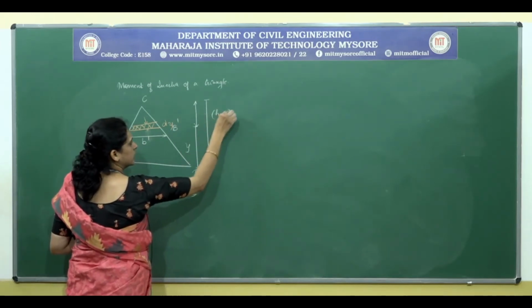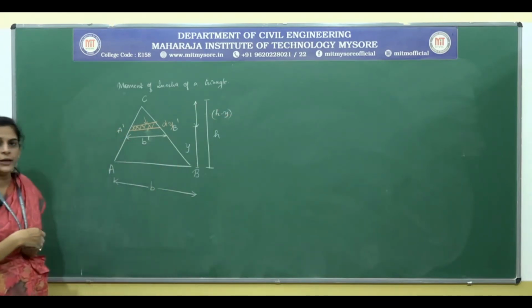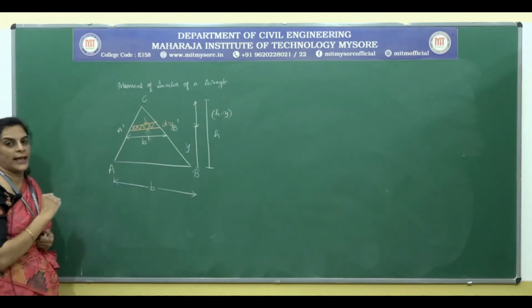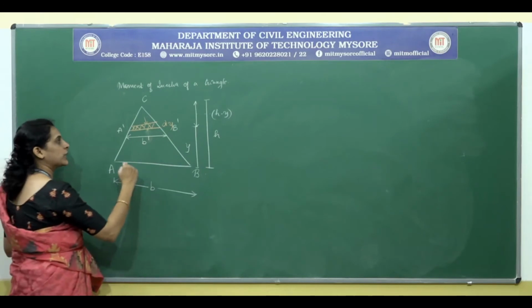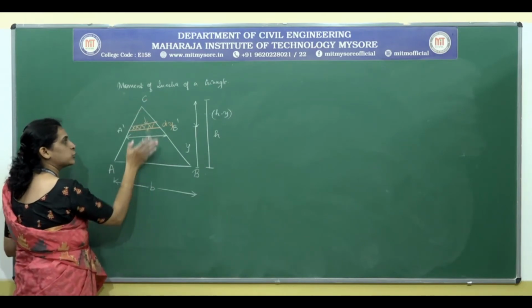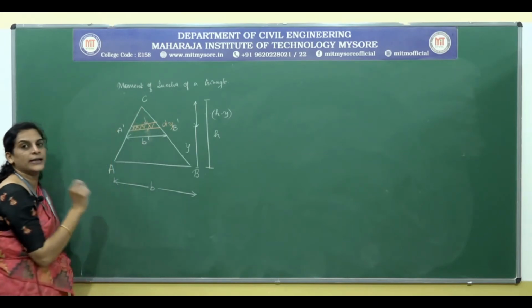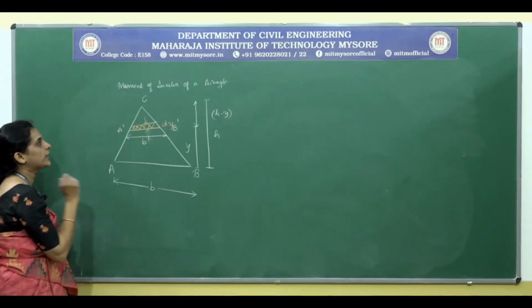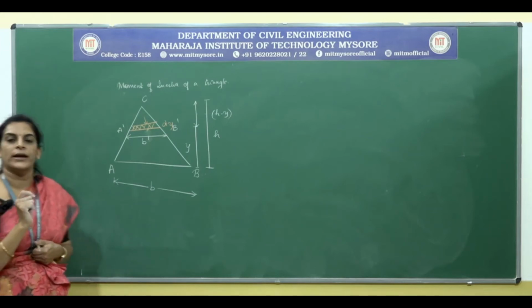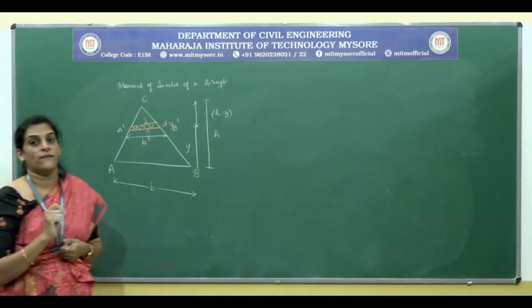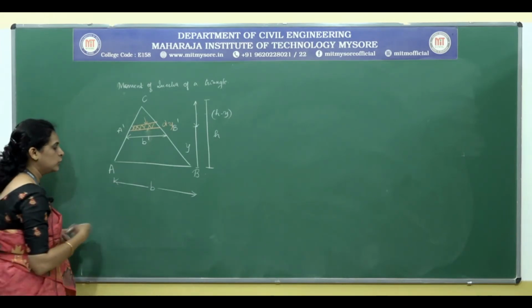h minus y. Therefore, in order to get the expression, we shall compare the two triangles which we can see here. So, from the principle of similarity of triangles, we can derive the expression to find out the moment of inertia of a symmetric triangle.